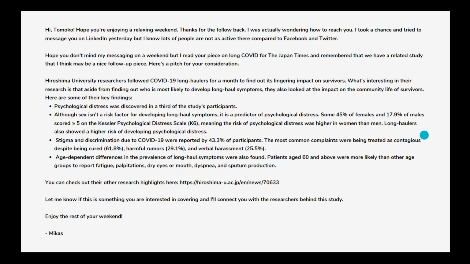But during this time, as you can see from my pitch, Tomoko just wrote about the long COVID, so she's not keen yet at that time to write another piece about it. But because of this pitch, we are already on her radar. So the next time she wants to write about it, she has us to think about.